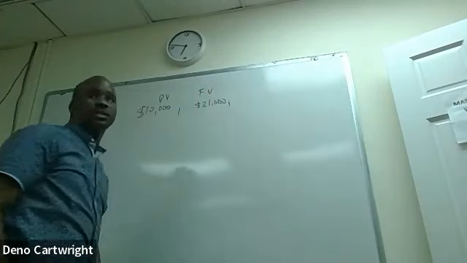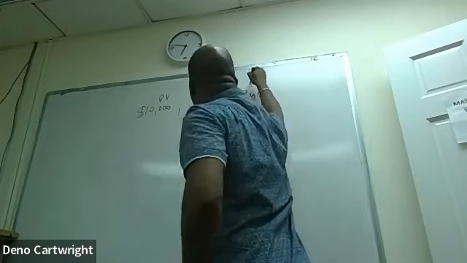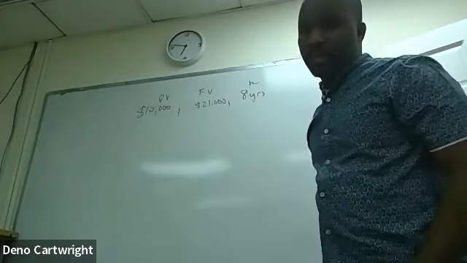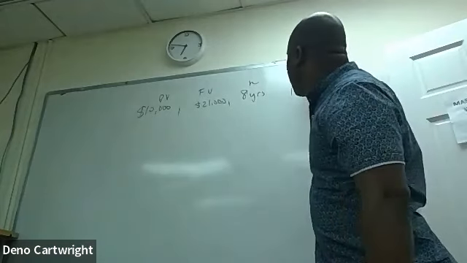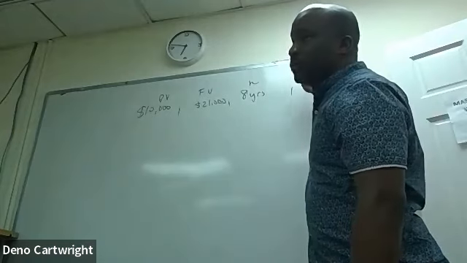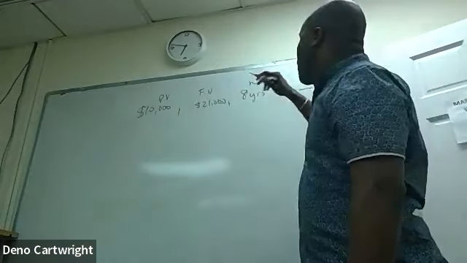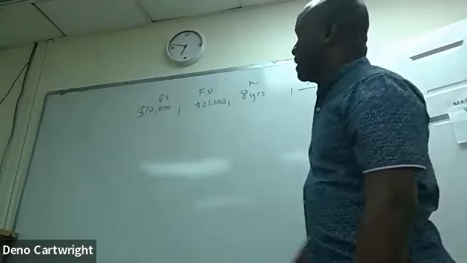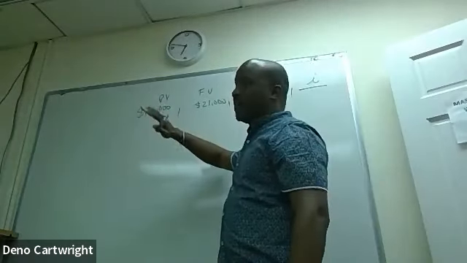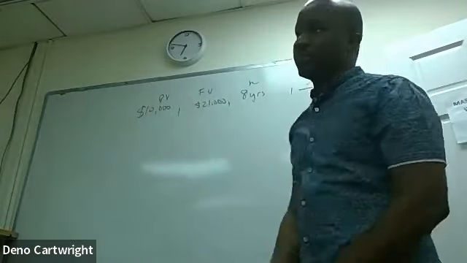I need $21,000 in 8 years. That's my N. What investment do I need to invest in on an annual basis? I won't even complicate it. What's my interest rate? These are my variables: $10,000 I have now, I need $21,000 in 8 years. What's my interest rate?